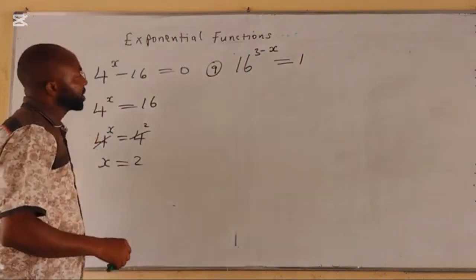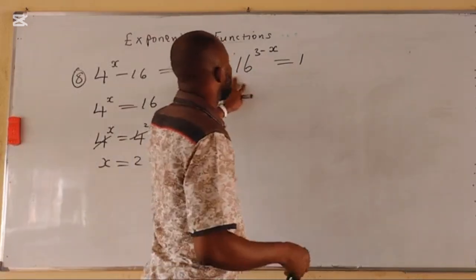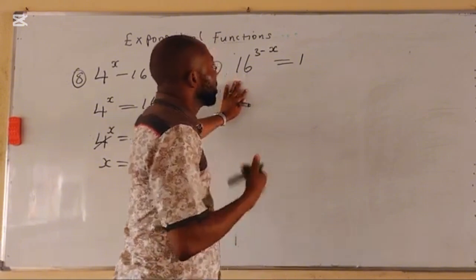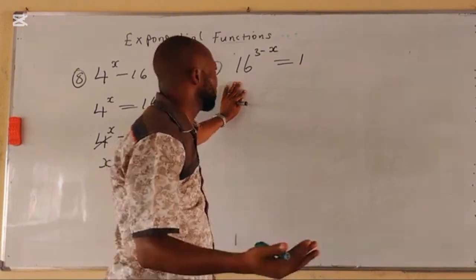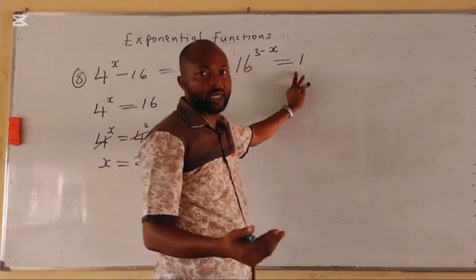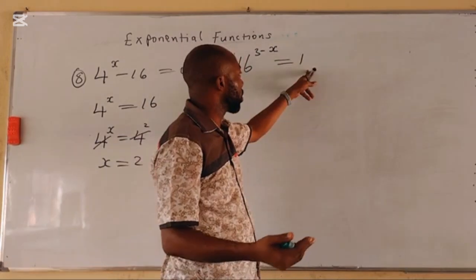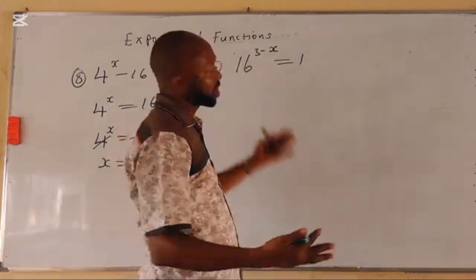Okay? If this is what it is. Now, this 1, there is no way we can equate it having the same base with this. But we know that any number raised to the power 0 is equal to 1 according to the zero index law, which means I can turn this 1 into 16 raised to the power 0, which I know is equivalent to 1, so that I'll have common base. From there I can proceed further. Otherwise, there's nothing that can be done here.